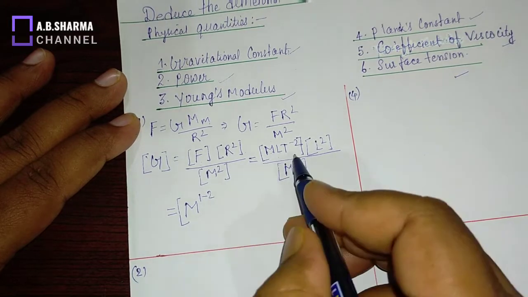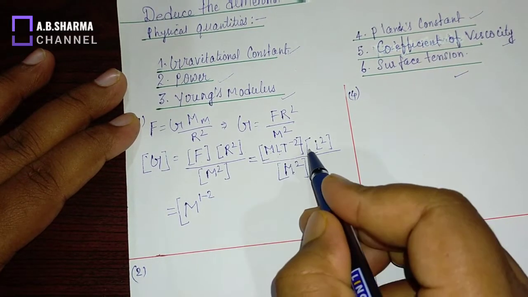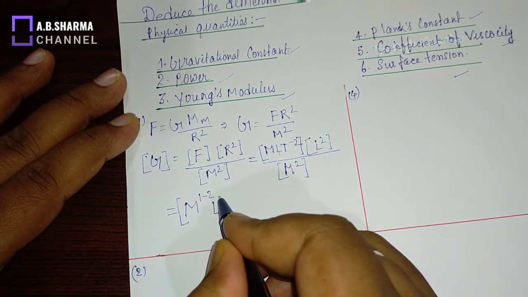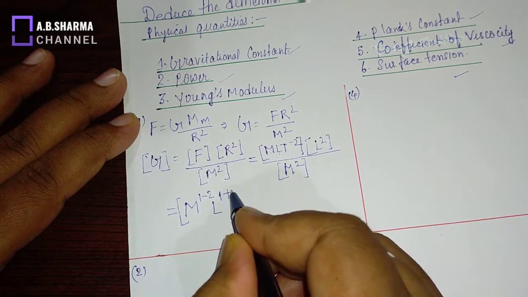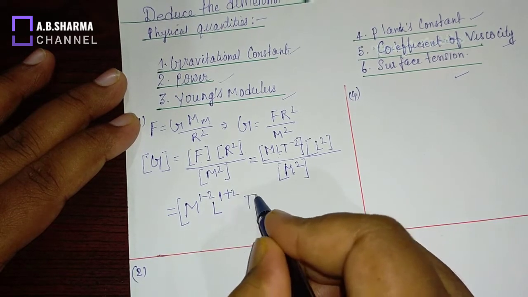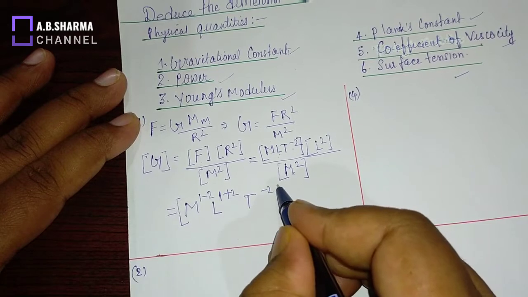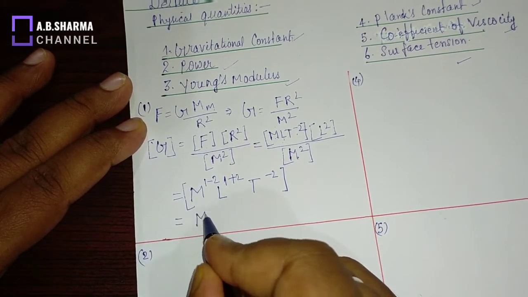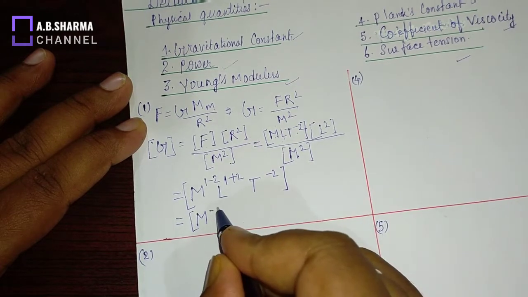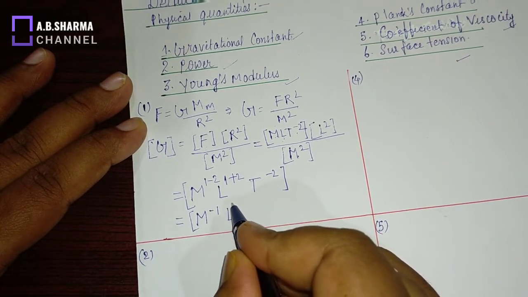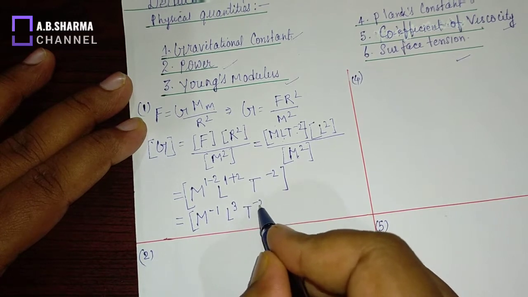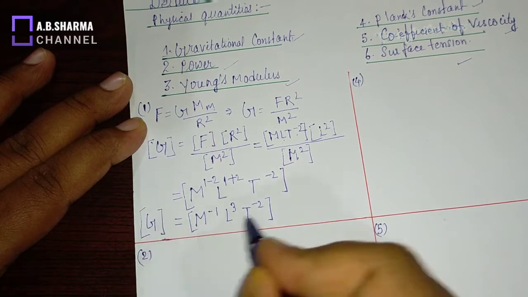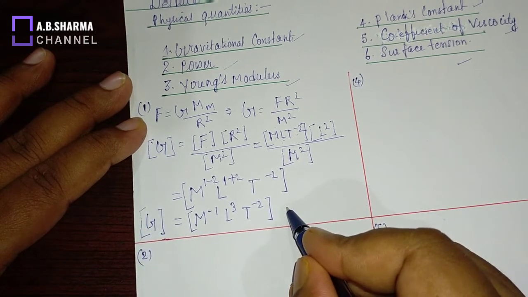The power of L is 1 and 2, so this will be L to the power 3, 1 plus 2, and T to the power minus 2. So the dimensional equation of gravitational constant G will be M minus 1 L3 T to the power minus 2. This is the formula of gravitational constant G, or universal gravitational constant G.